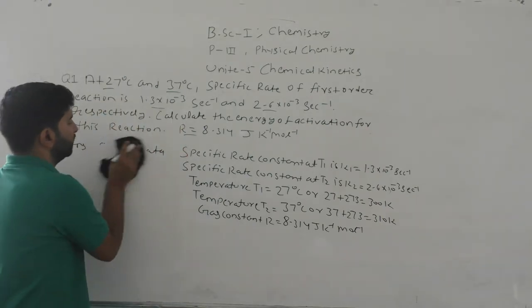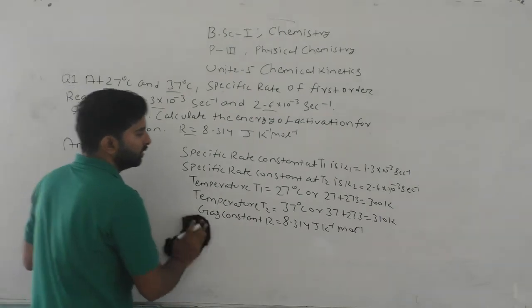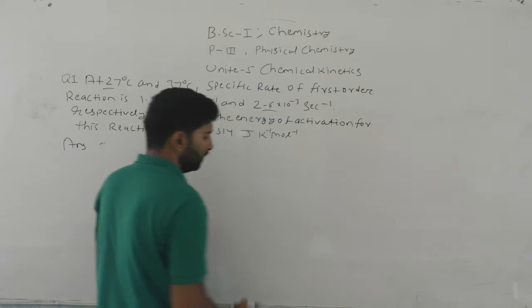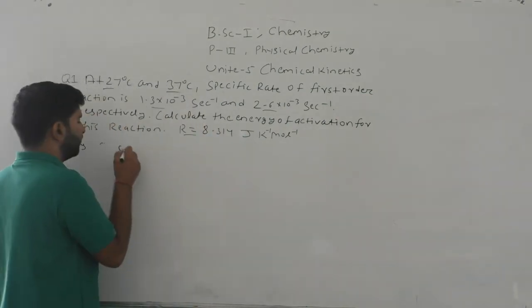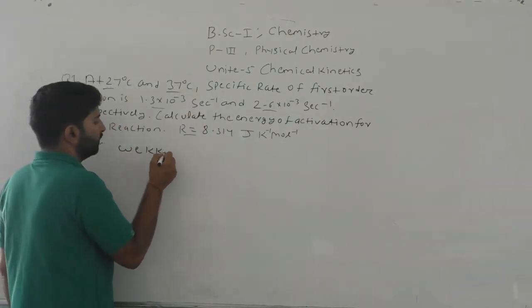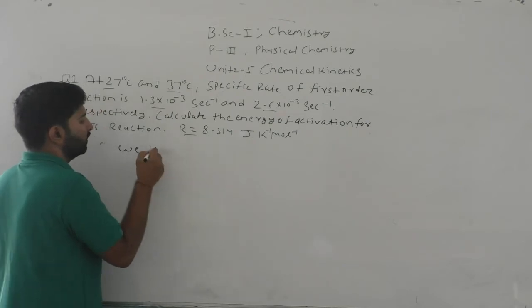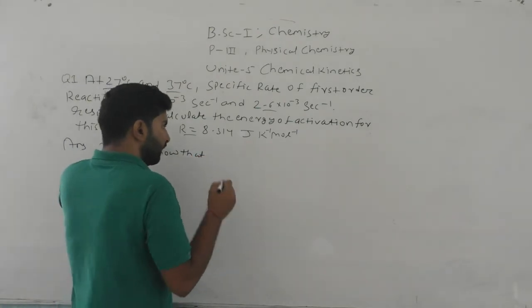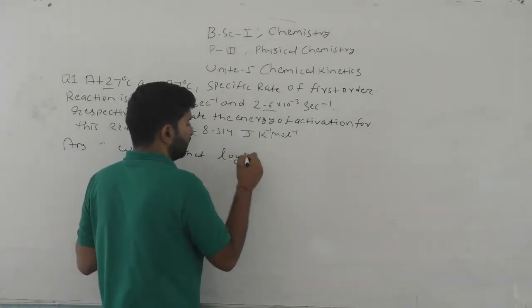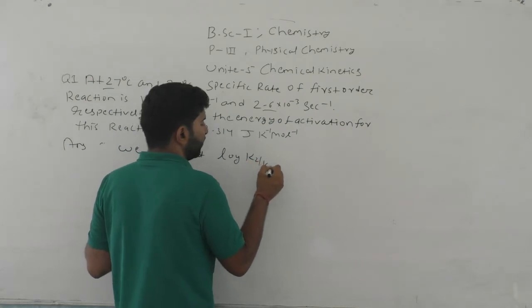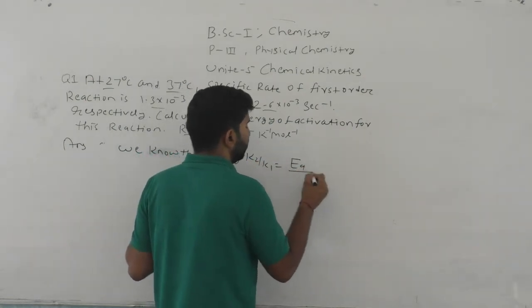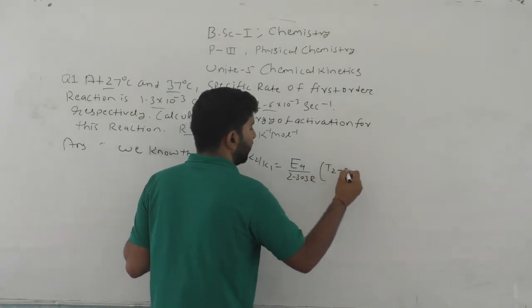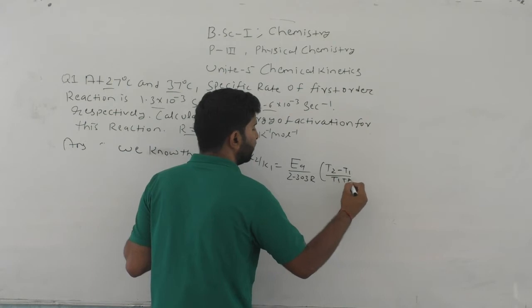Now we write, we know that log K2 upon K1 equals to EA upon 2.303 R times T2 minus T1 upon T1 T2.